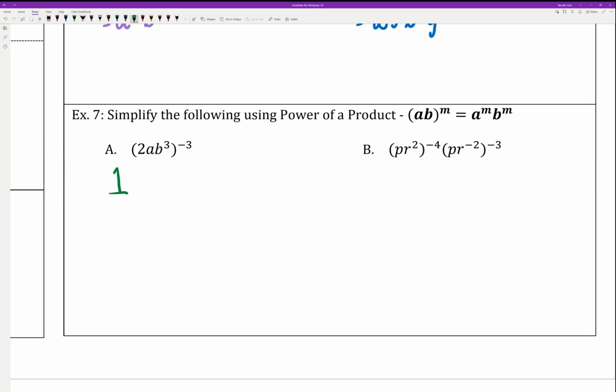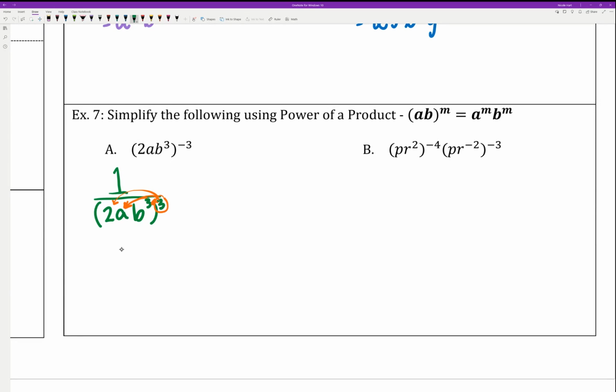So on top, I have a large 1. And then underneath, I have 2a, b to the power of 3, close parentheses, and that negative 3 turns into a positive 3 once it moves downstairs. Now I can distribute that 3 to the 2, to the a, and to the b.